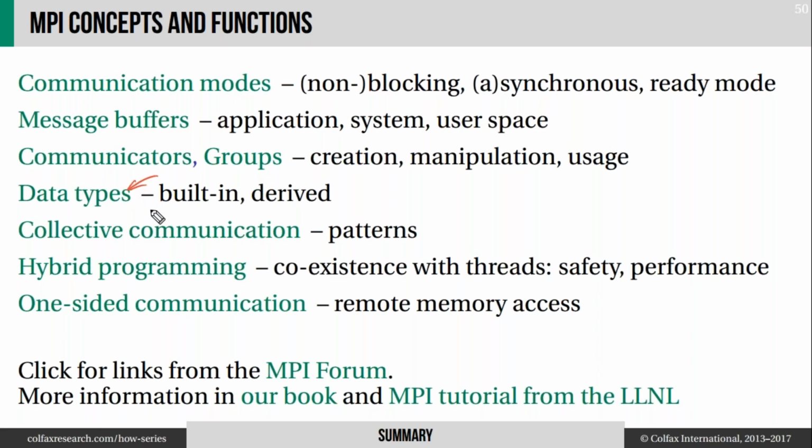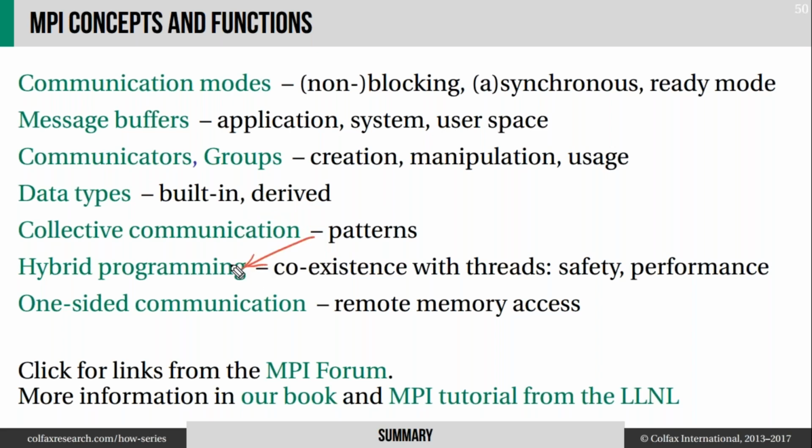If you want to pass around objects that are non-trivial, non-scalar, look into derived data types for MPI messages. Read about MPI communication patterns to see if some of the patterns match what you need.